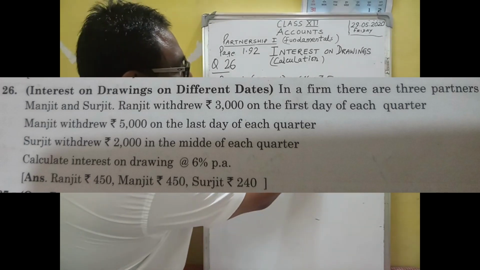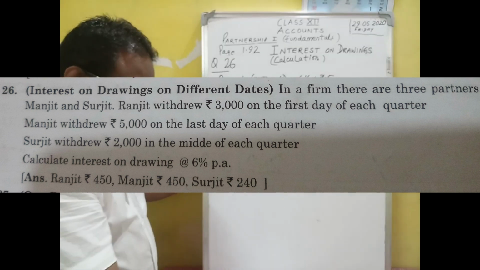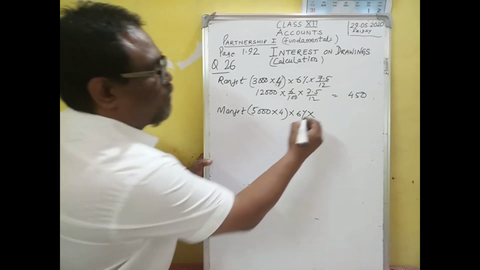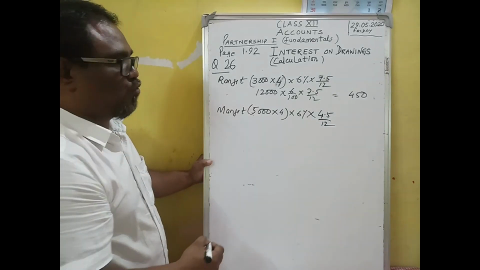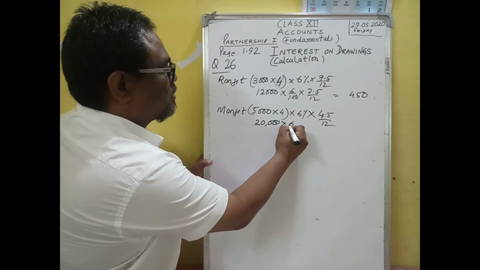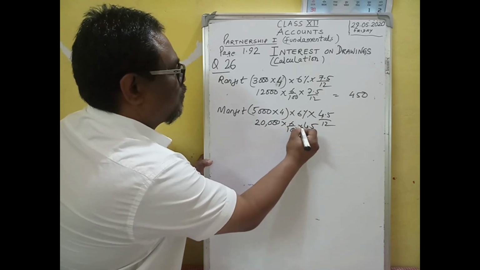So if the quarterly drawing is made on the last day of each quarter, you have to assume it for 4.5 months, 4.5 divided by 12. So 20,000 into 6 by 100 into 4.5 divided by 12.